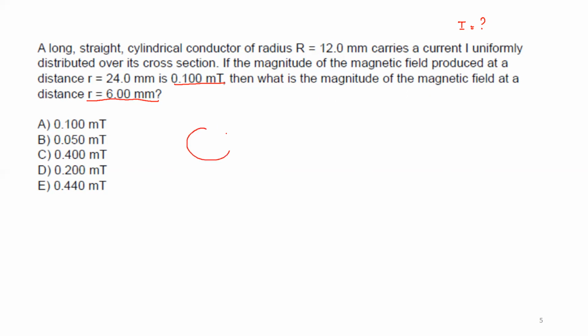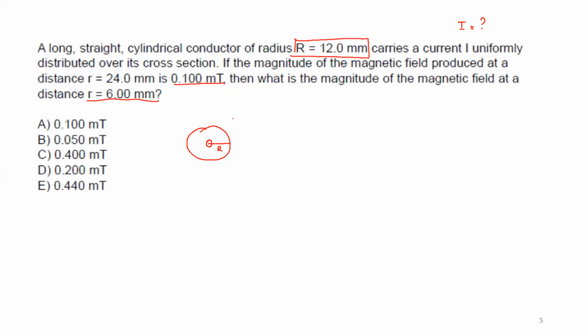Okay, great. So let's have a cross-sectional view. This is my cylindrical wire, magnified, of course. This radius, capital R, I gave it to you, is 12 millimeters. Let's assume that the current is pointing towards you, so it's coming out. The current I is coming out of this cylindrical wire.